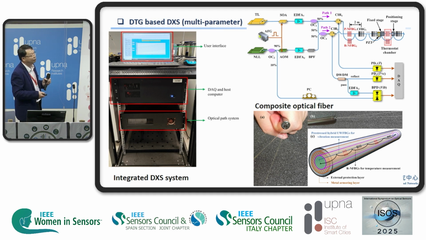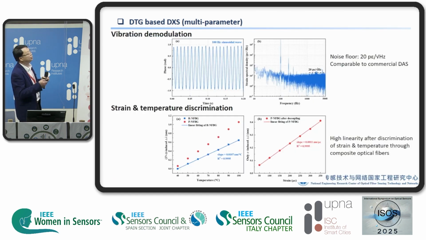But for sure, you have to make different FBGs, and also you have to make different cable processes inside. Here is a demonstration with the DTS measurement. That means we can measure the vibration, deformation, and also strain or temperature measurement just in one cable.